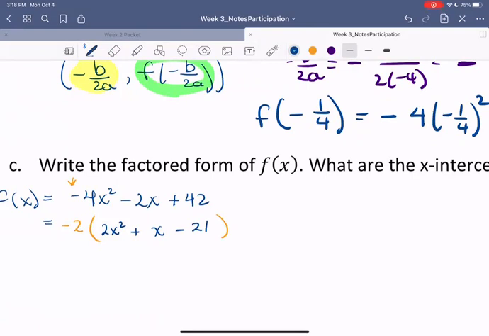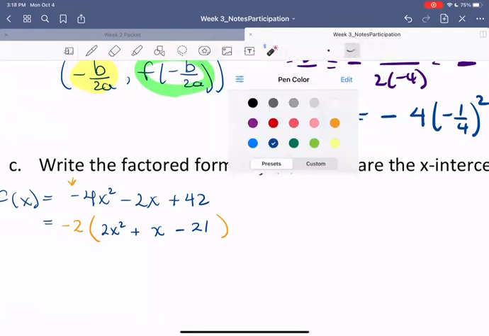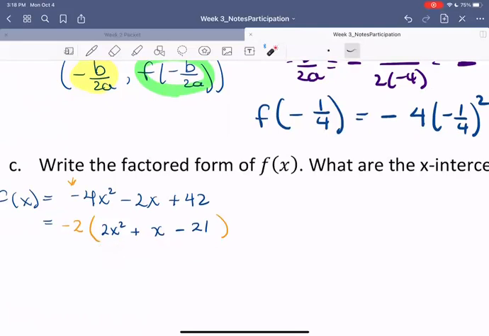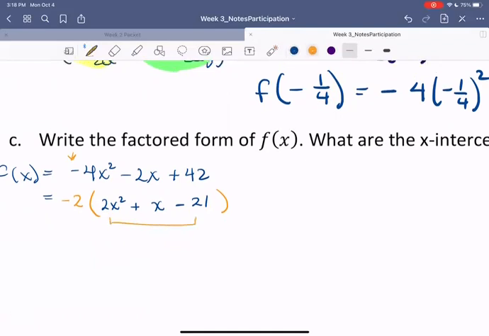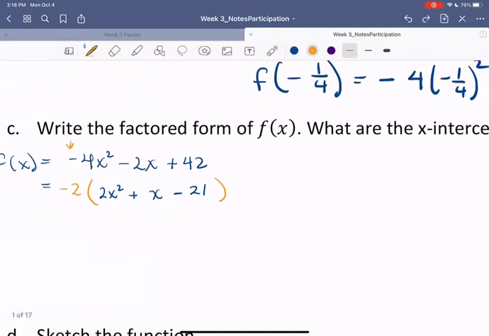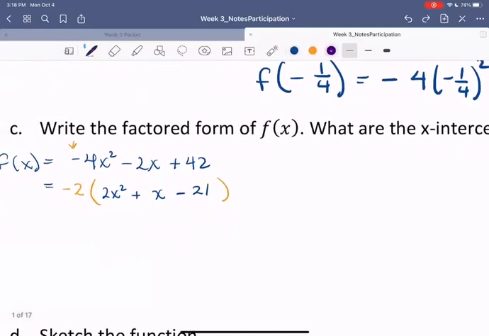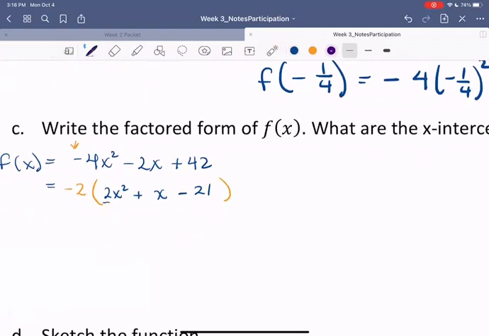All right, so now we're going to try to factor this expression here. One strategy that we can use is called the AC strategy. With this strategy, what we do is we try to find factors of the product a times c. So let's go through that to see how that's done. In this case, my a value is 2, and my c is -21.